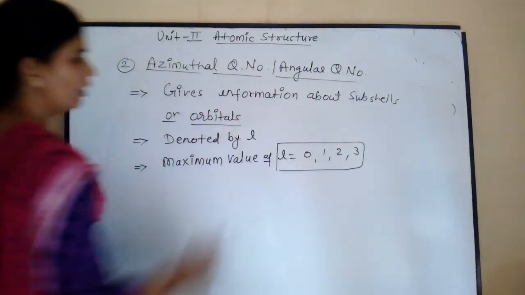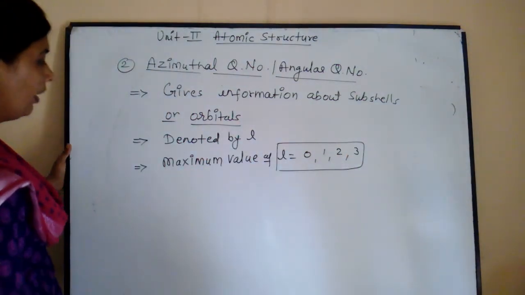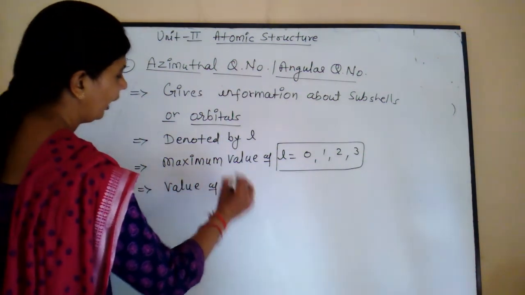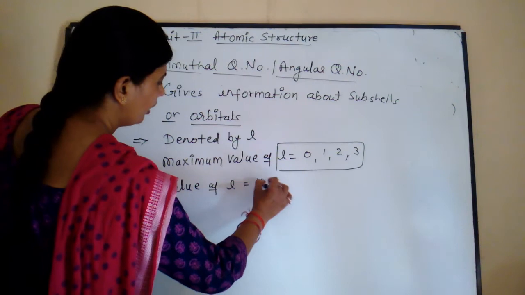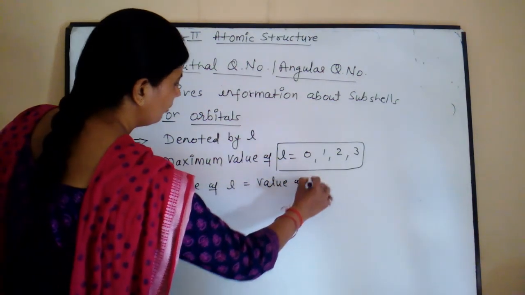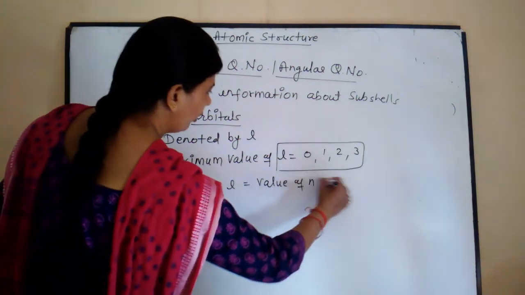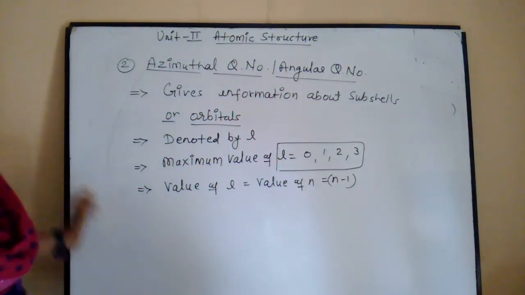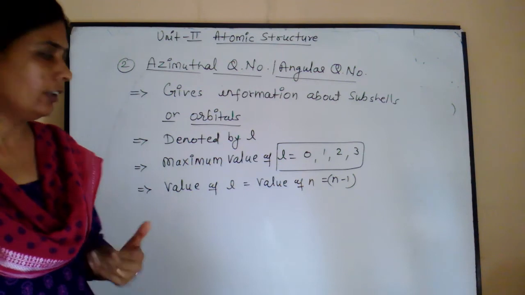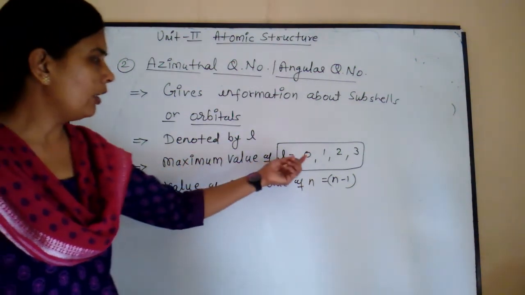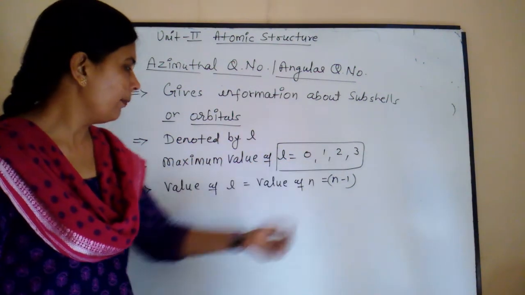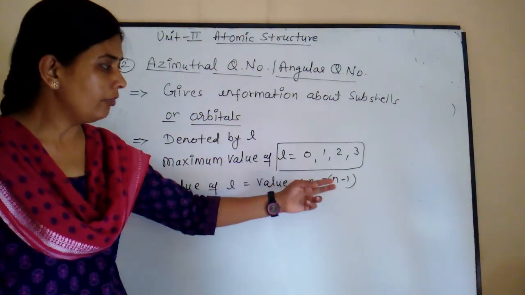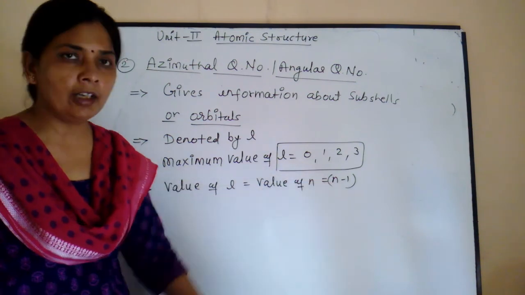The value of l depends upon the value of n, using the formula n minus 1. The principal quantum number n can be 1, 2, 3, 4, 5, 6, but l has only 4 values, 0, 1, 2, 3.